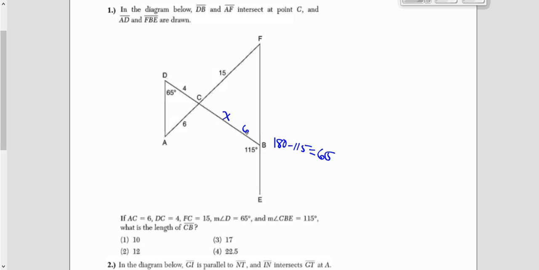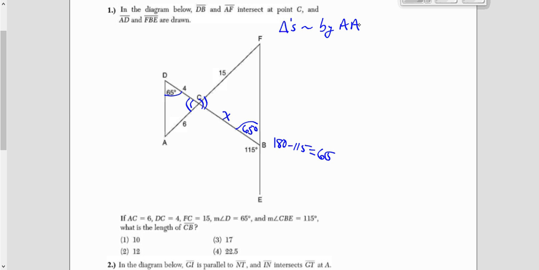Because they're a linear pair. So those are congruent. And are these vertical? So now that I thought that through, do we have similar triangles? I was right.